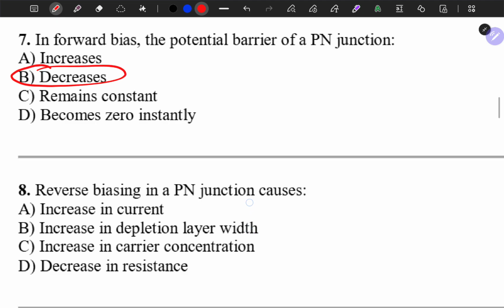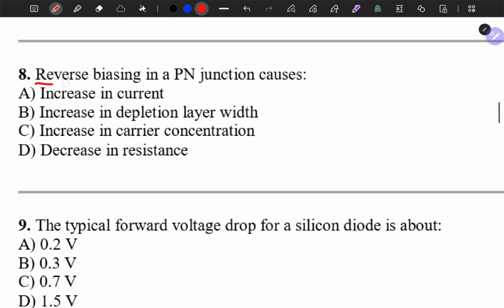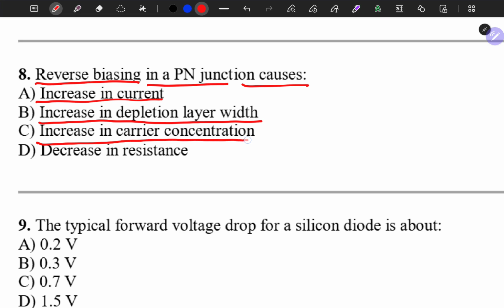In the next question, reverse biasing in a PN junction causes: increase in current, increase in depletion layer width, increase in carrier concentration, or decrease in resistance. The correct option is the increase in depletion layer width.